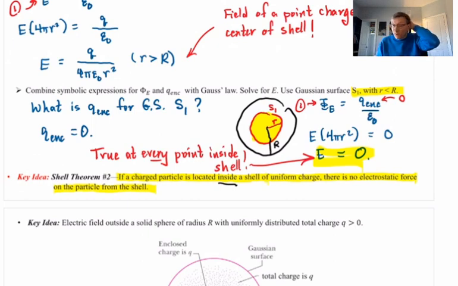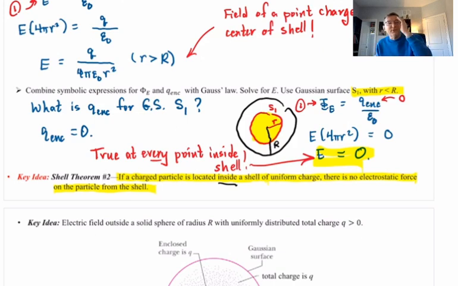So that's also going to be very useful. If you've got a certain shell of charge and somebody asks you what the value of the electric field is at some point inside, immediately, 0. And it's not hard to get the answer if they ask for the electric field outside the shell. Just collapse the shell to a point at the center and treat it as a point particle.